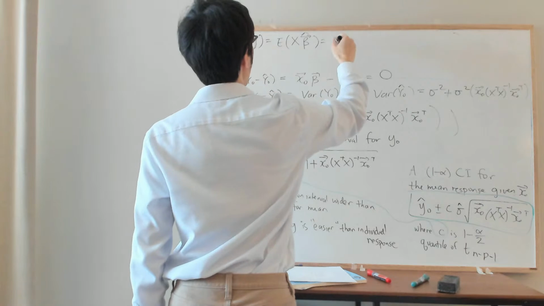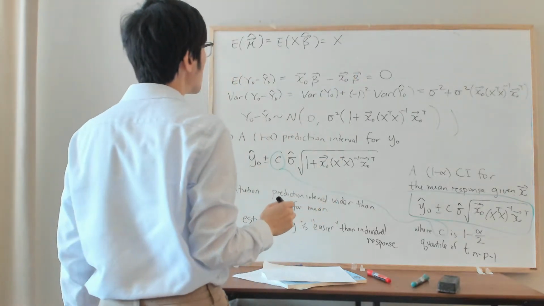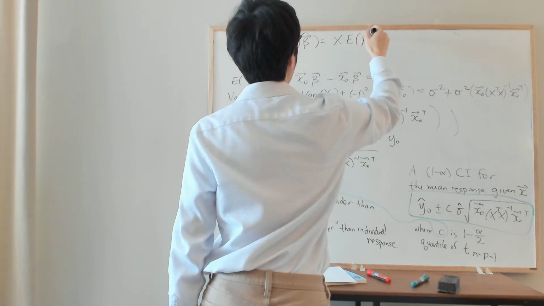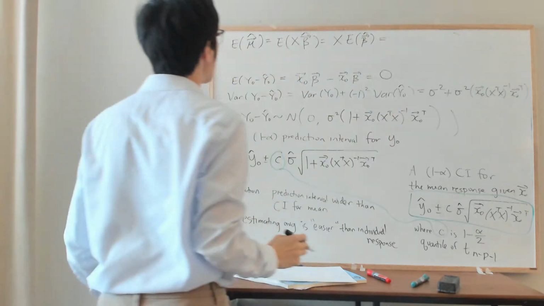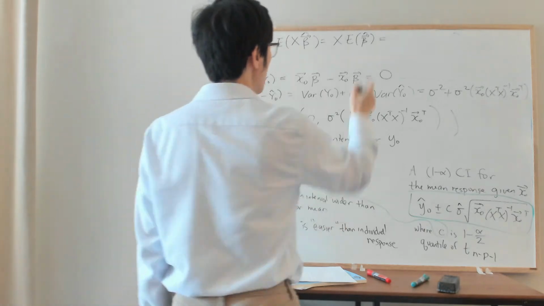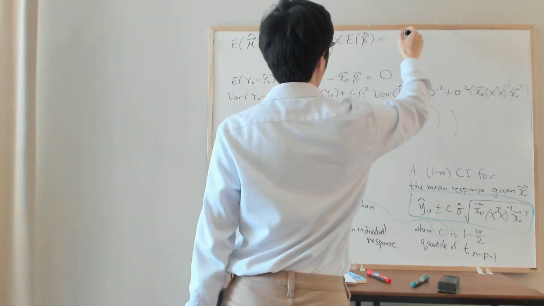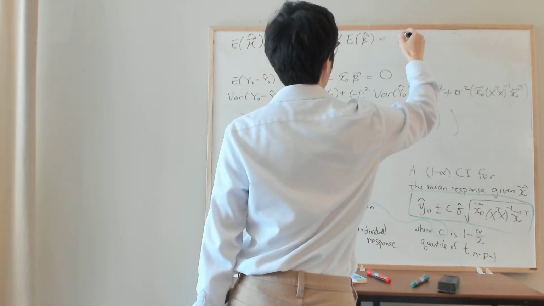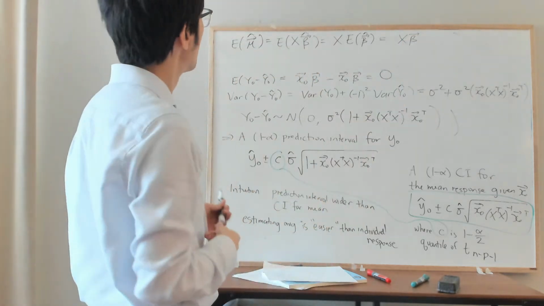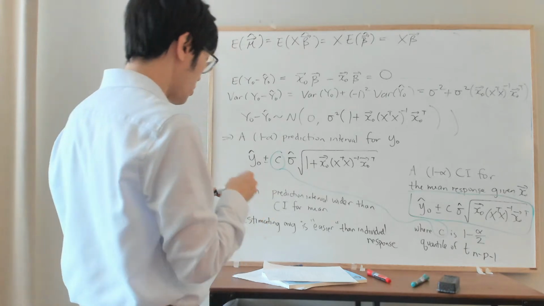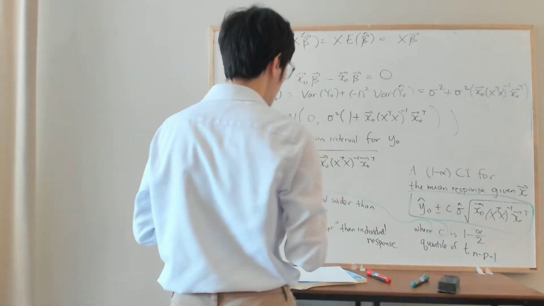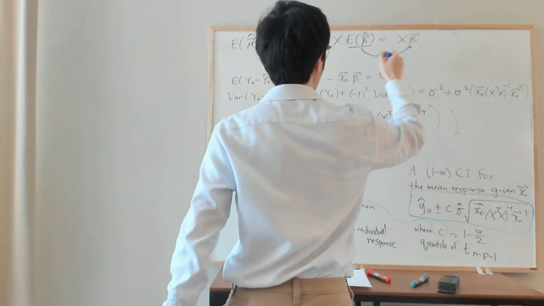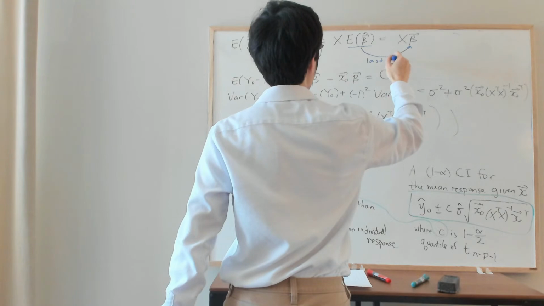So that's x times E of beta hat, and E of beta hat is beta, because beta hat is an unbiased estimator. This part is from last lecture.